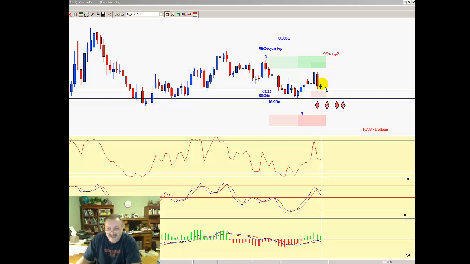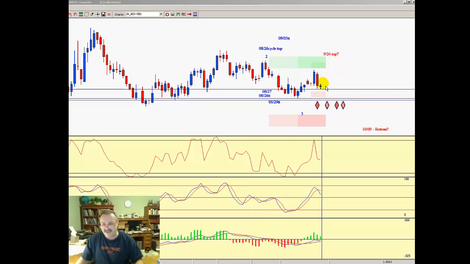But price needs to go equal to or higher than Friday's high in order for us to make a top for 924, because a top requires a price bar that has a higher high than the previous bar, or at least an equal high, before prices then go down. You can't make a top out of a bar like this. You have to make tops out of bars like this, or that one, or even that one there. You see what I'm saying?